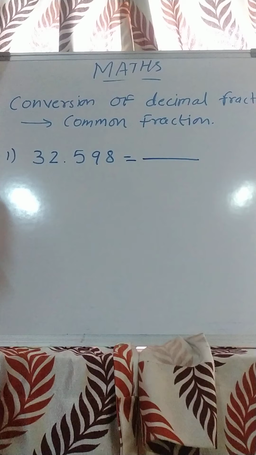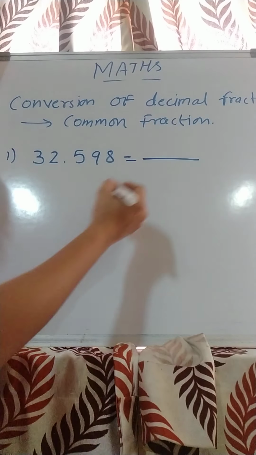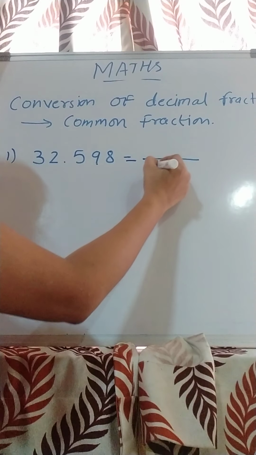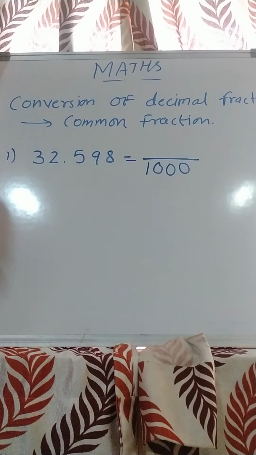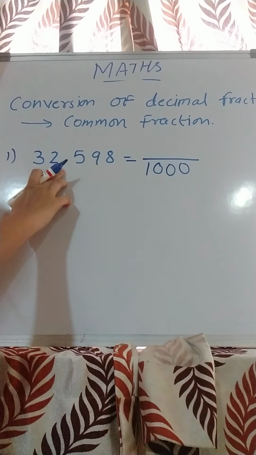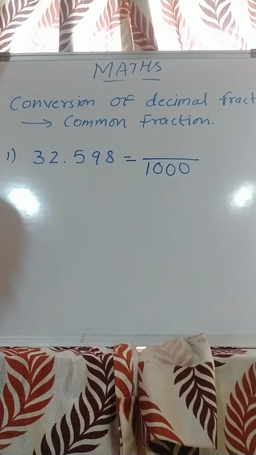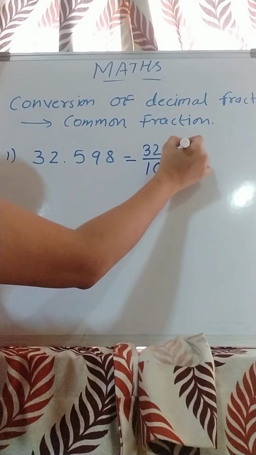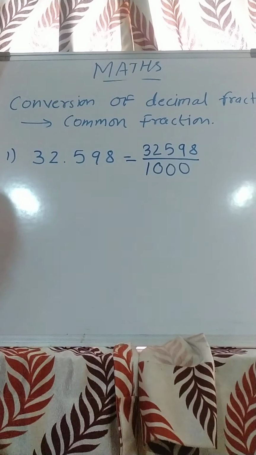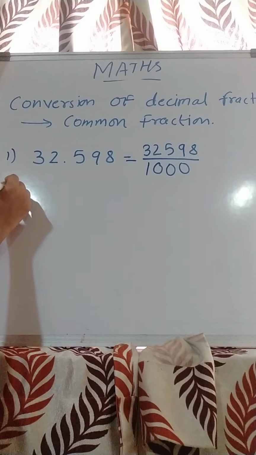So, there will be 3 zeros on 1. After that, without the decimal point, whatever number forms, you have to write in your numerator: 3, 2, 5, 9, 8.